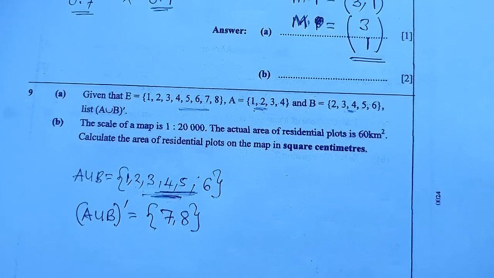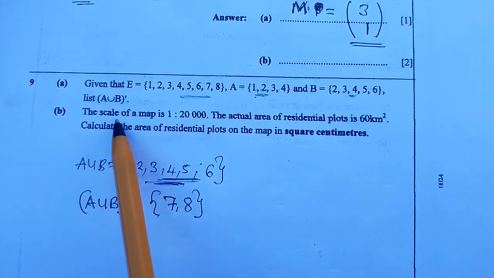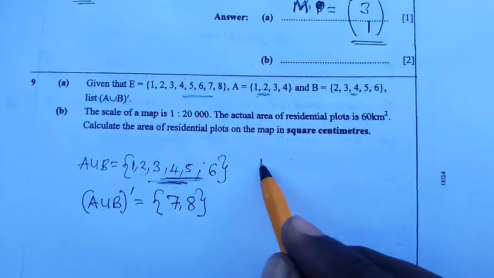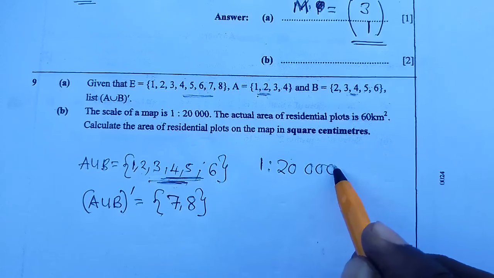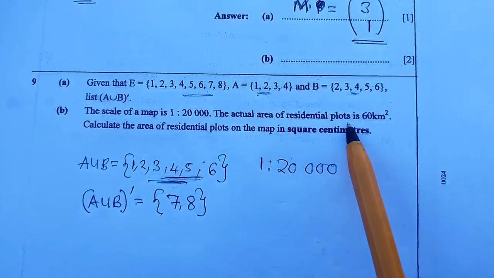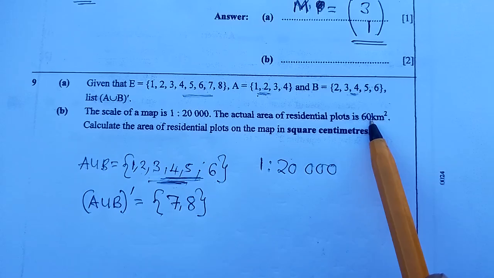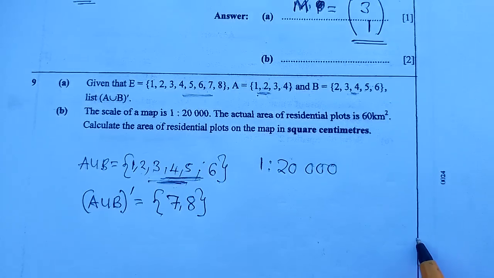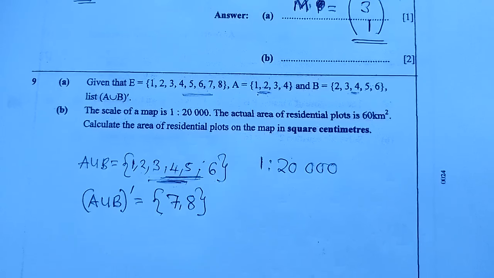We move to this other question that is here. It is saying the scale of a map is 1 to 20,000. This is the scale of the map, 1 to 20,000. The actual area of the residential plot is 60 kilometers squared.